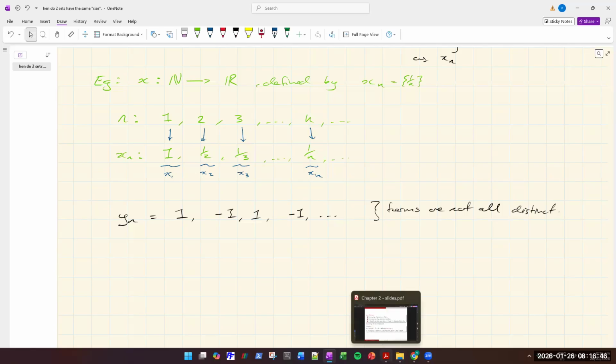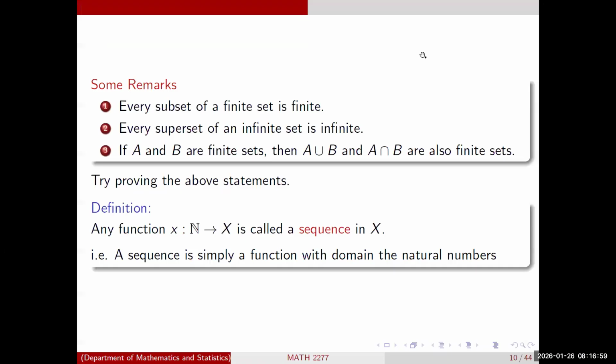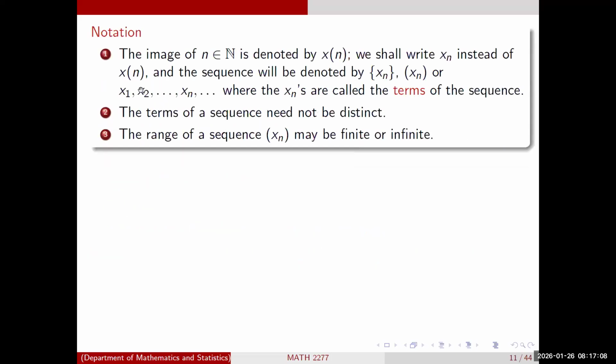Okay, let's go back into the slides now. A sequence is simply a function with domain the natural numbers.